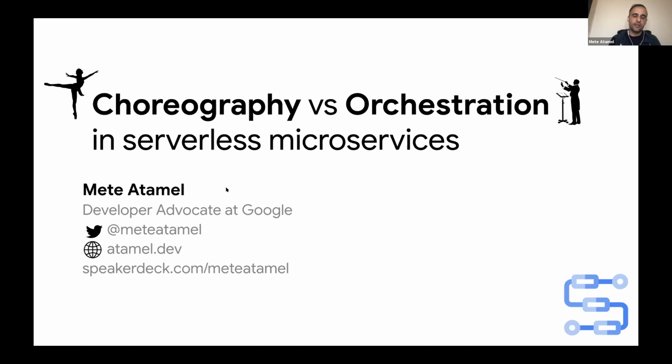So I want to talk about the tools and the services in different clouds for choreography and orchestration. Then I want to zoom into orchestration a little bit more, because choreography, also known as event-driven architectures, have been known for a while, and people usually understand them, and we know the tools around them. But orchestration is something new, so I want to zoom into that a little bit more.